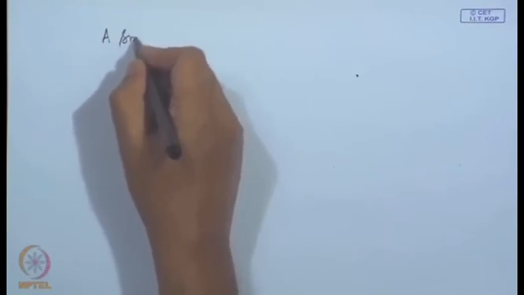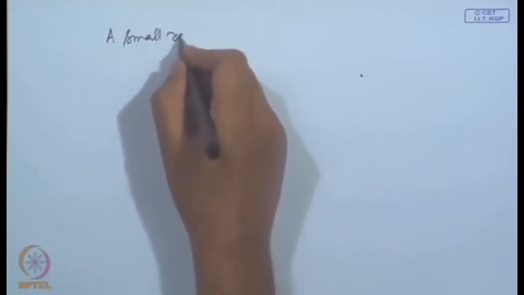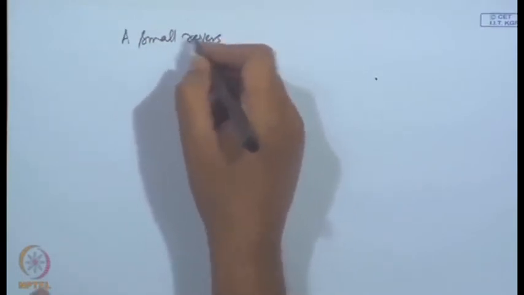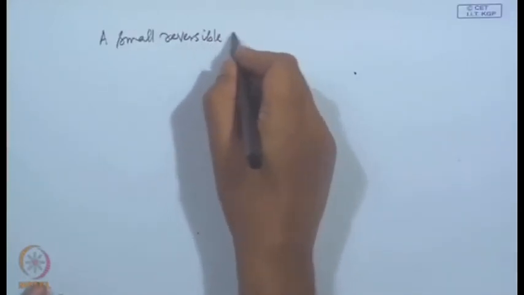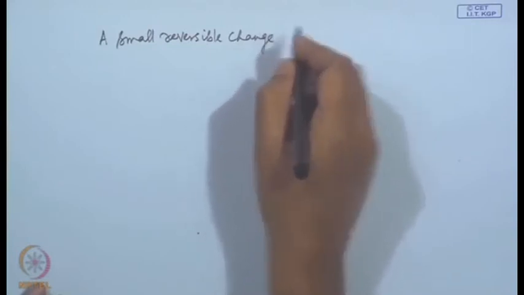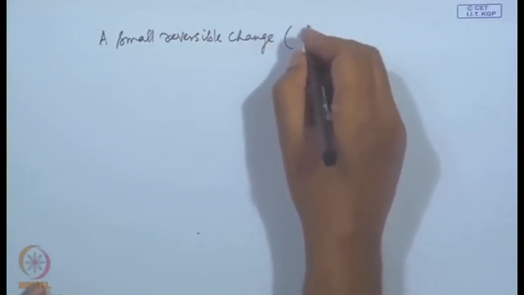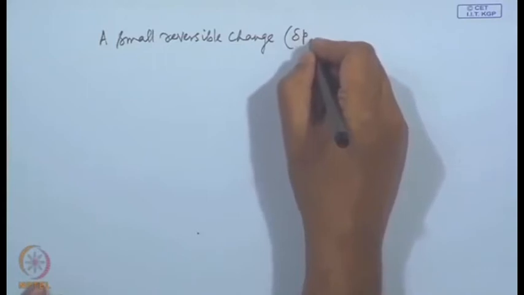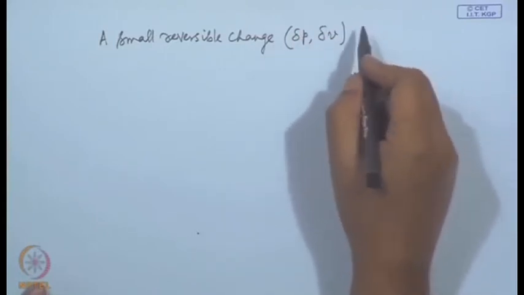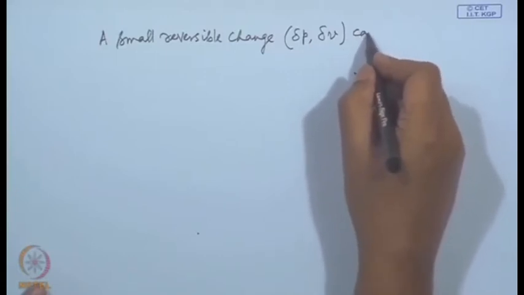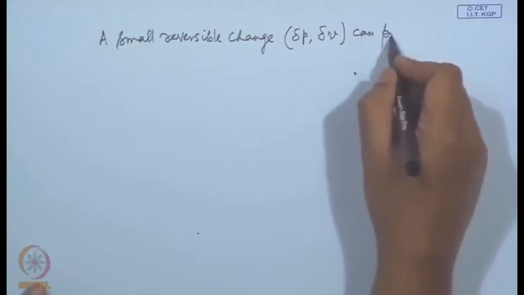So, a small reversible change, which can be denoted by say delta p, delta v, can proceed in any direction.